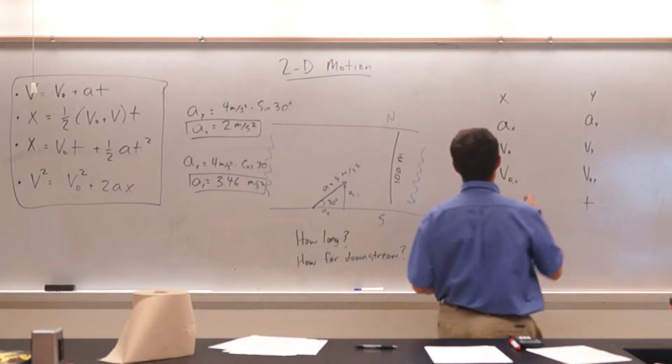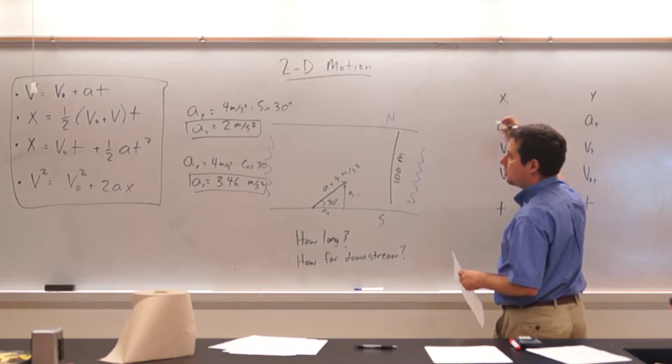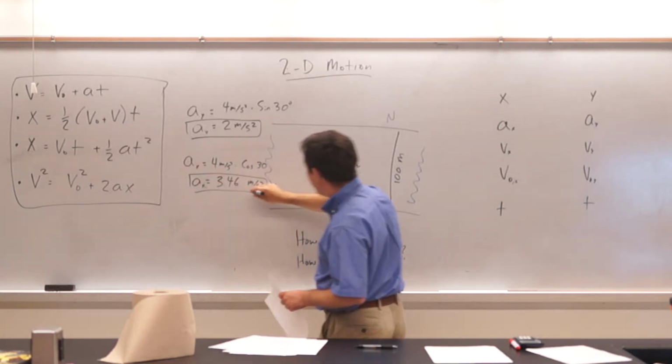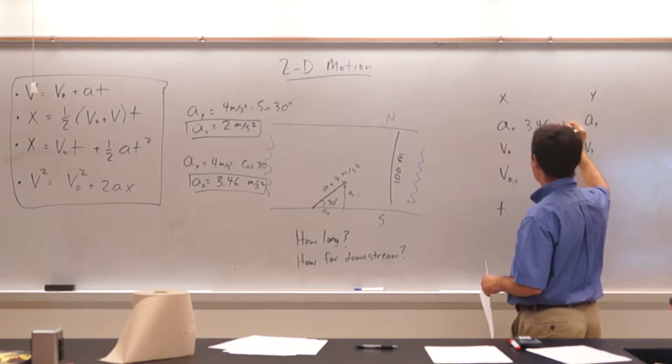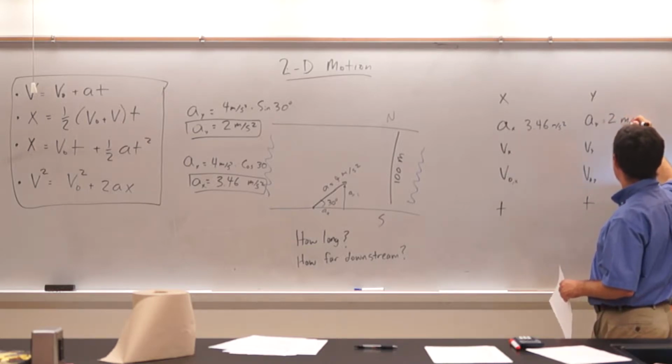So far, we know a sub x is 3.46 meters per second squared. A sub y is 2 meters per second squared.